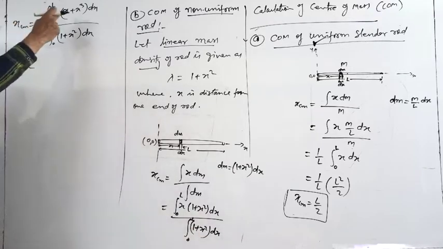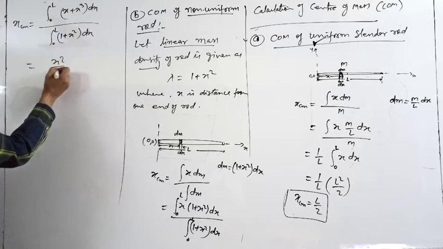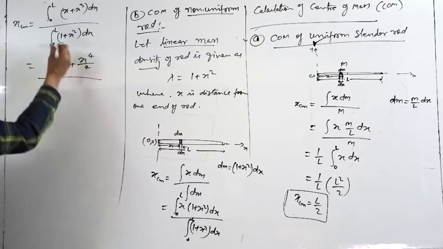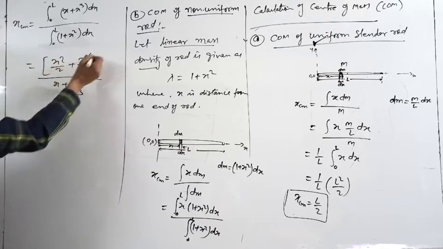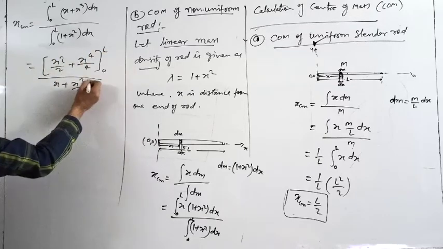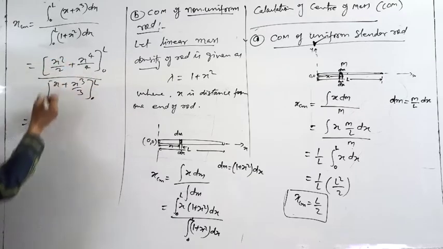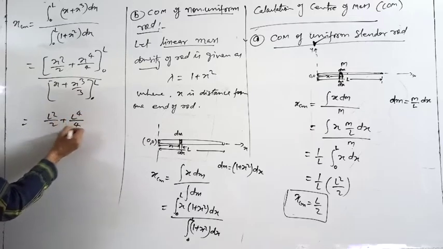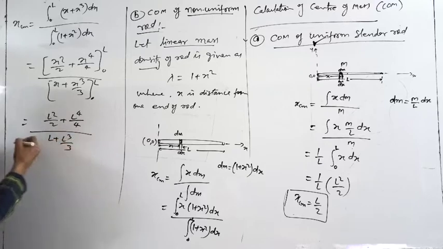Integrate first. x square by 2 plus x to the power 4 by 4, divided by x plus x cube by 3. Then substitute the limit 0 to L. See, L square by 2 plus L to the power 4 by 4, divided by L plus L cube by 3.